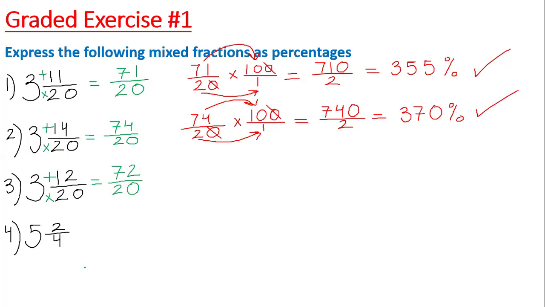One second, let me change the color. So you say we have 72 over 20. Then you cross out the 0. So 72 over 20 multiplied by 100 over 1. You cross out the 0, right?